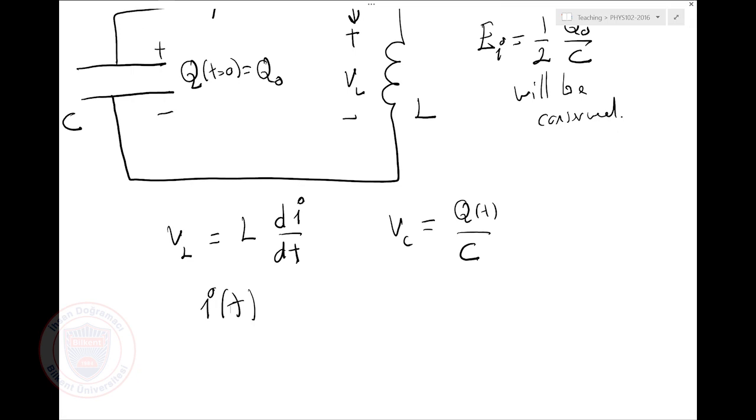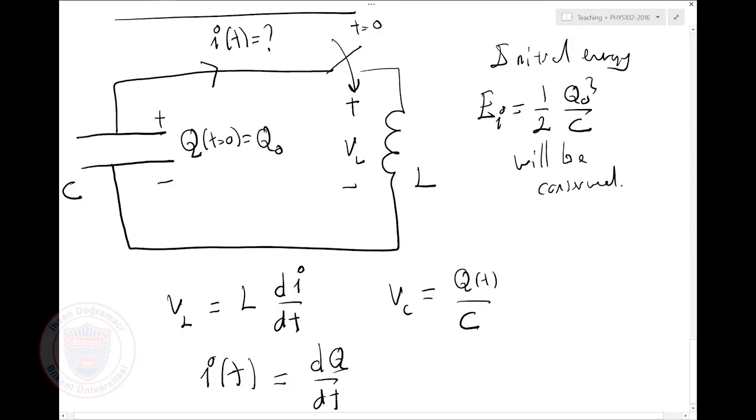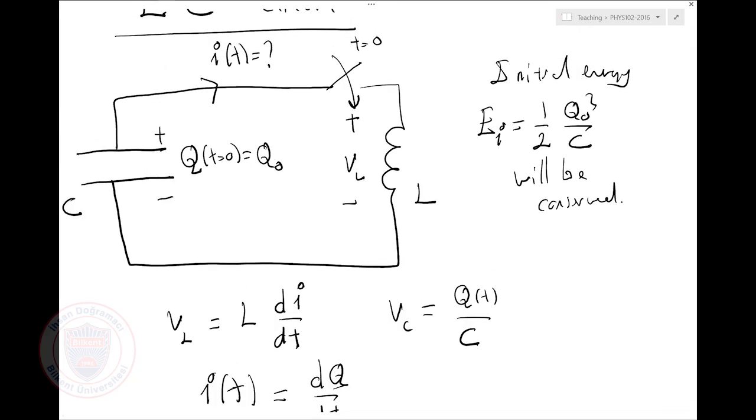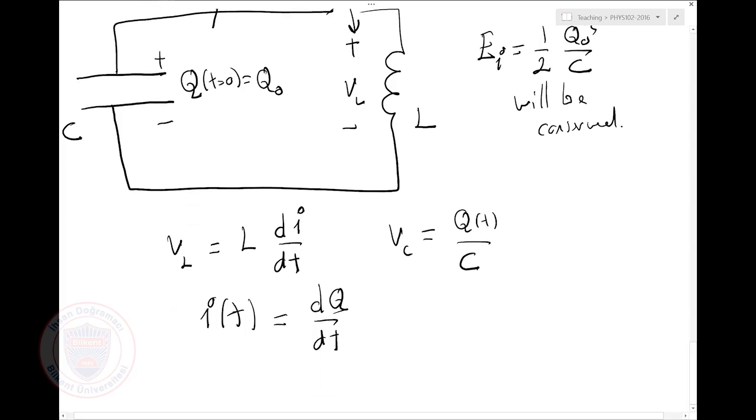So I of t is dq/dt, isn't it? Well, let's be very careful. If I is positive, plus charges are going away from my capacitor. So maybe it should be minus dq/dt. That makes more sense. If I have positive current, my charge is going down.